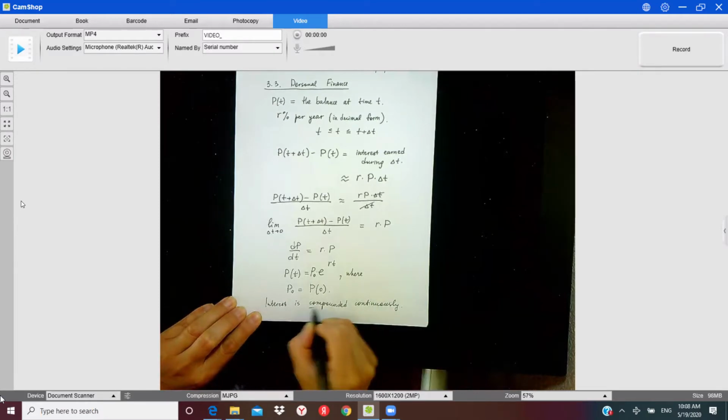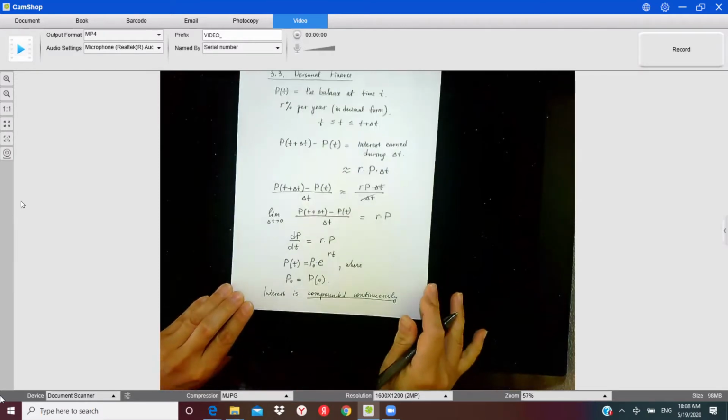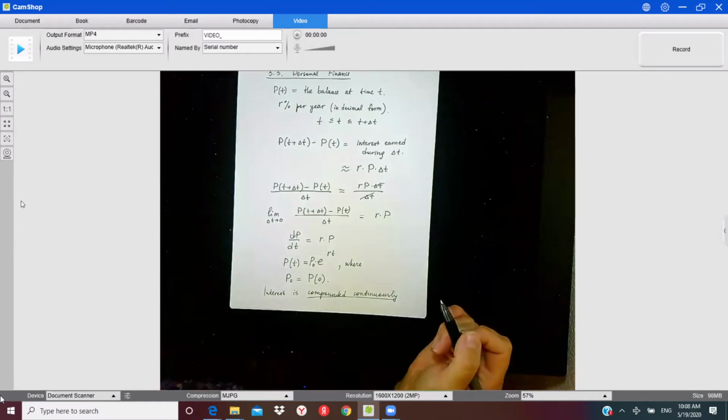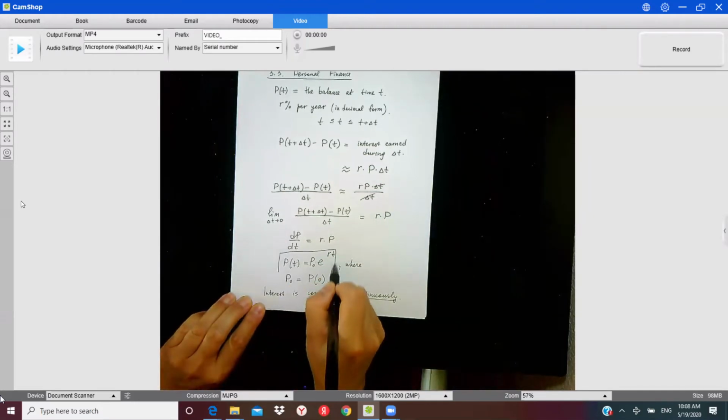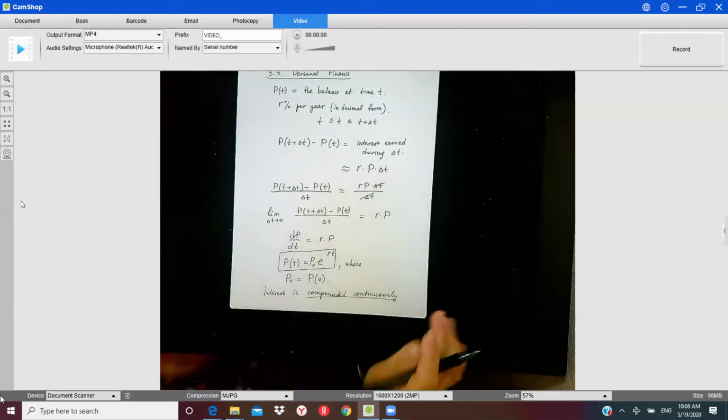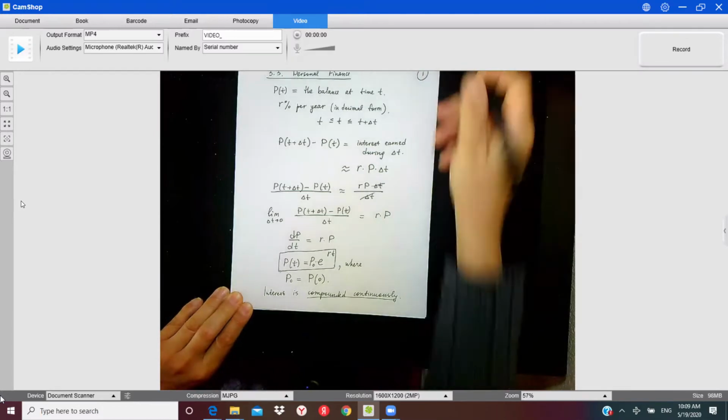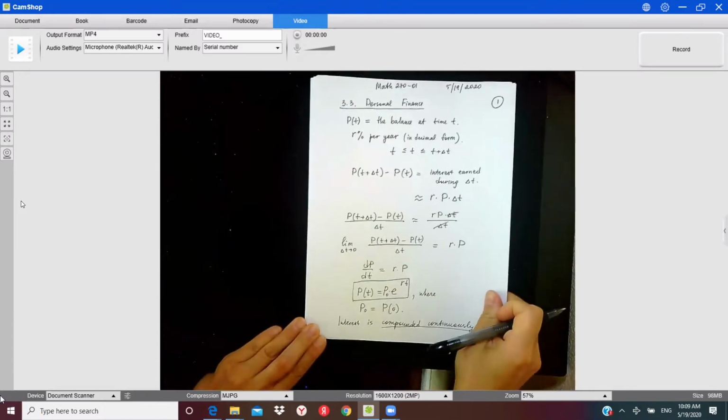Whenever you hear this statement, interest is compounded continuously, you know that this is the model, this is the formula to use for P of t. So any questions so far? Perfect.